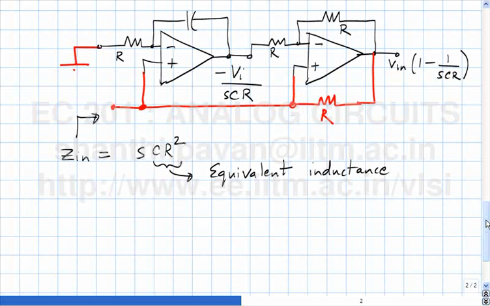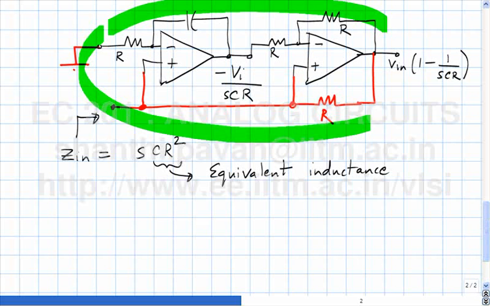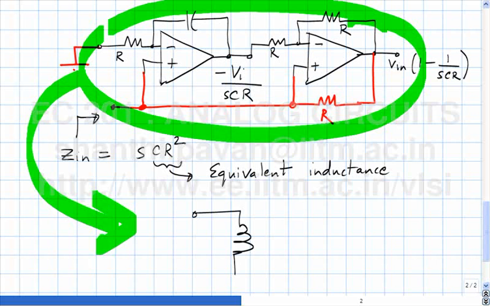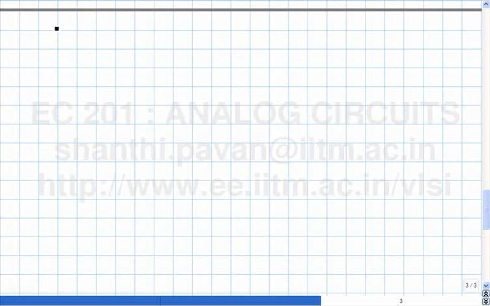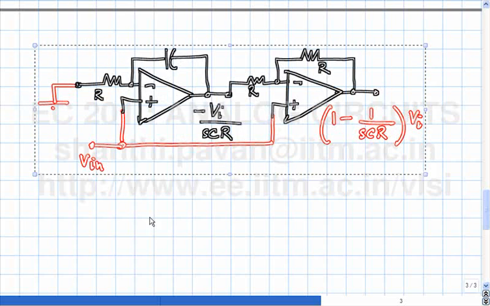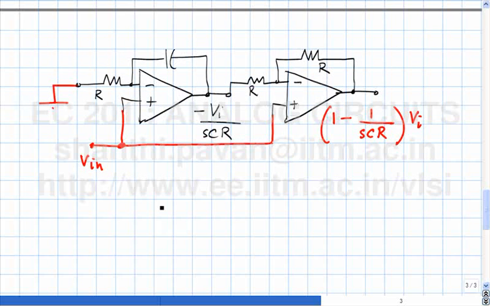So in other words, if I put this contraption in a black box, you would not be able to distinguish it from a grounded inductor of value CR square. Just to remove any disbelief you may have that this actually works, let me just work out the impedance looking in, assuming that I saw the circuit.